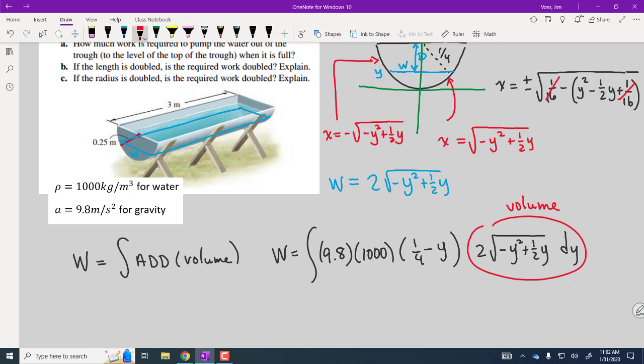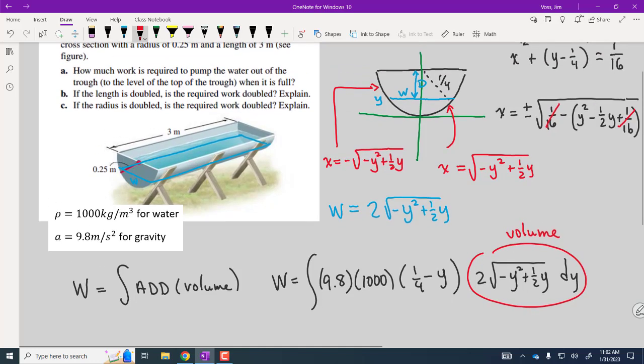Isn't the 2 root just the one section? Did we multiply it by the 3 meters of the tank? Oh, we didn't get area yet. This is just length. Yeah, thank you. This is just the width across. We still do have to put in a 3 for that dimension. Right here we only have meters. And then we have to multiply by the length of the trough, which is 3.